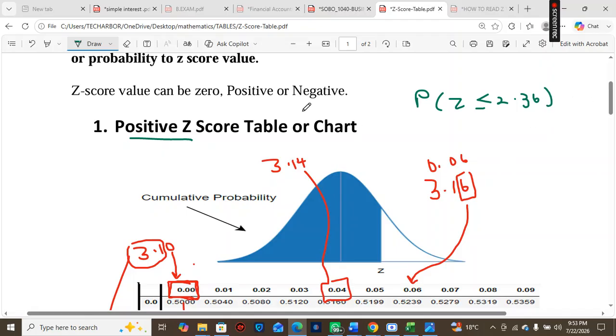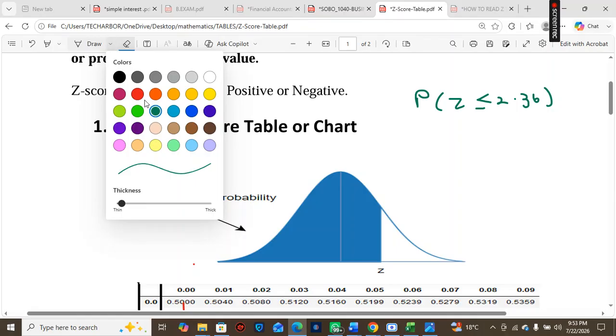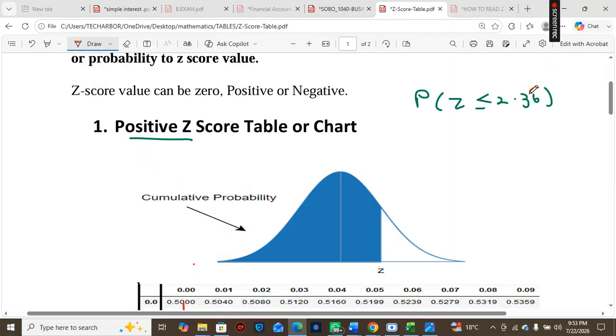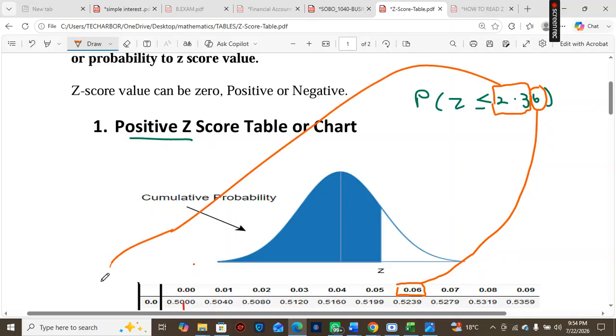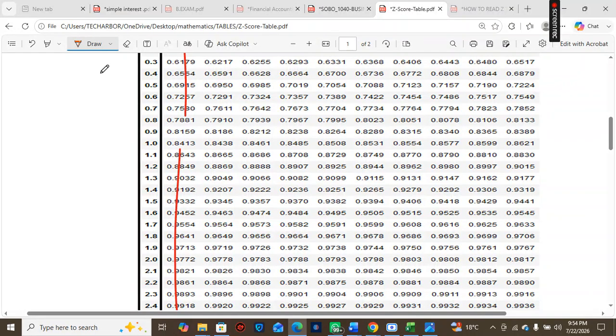As we said, the last number, this 6 here, comes here as 0.06. Then the 2.3 is here.